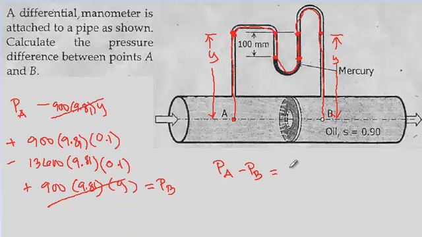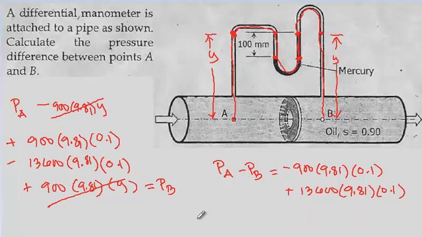So we have simply negative 900 times 9.81 times 0.1 plus 13,600 times 9.81 times 0.1.